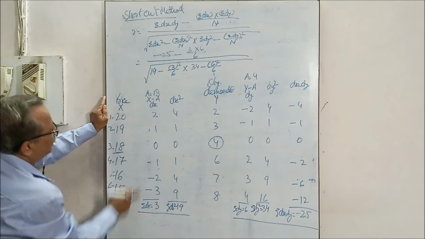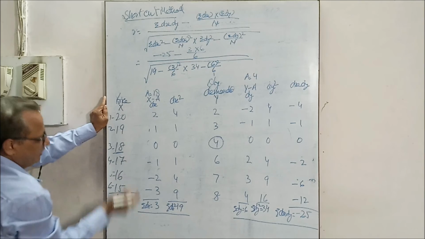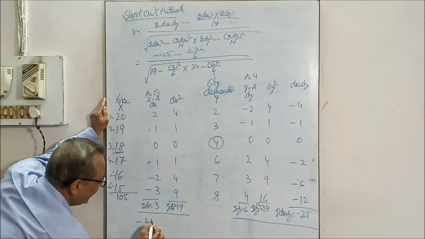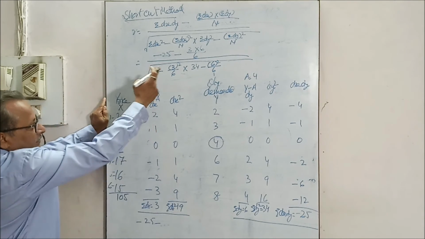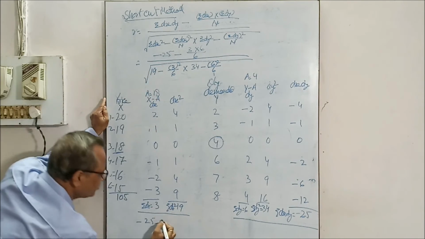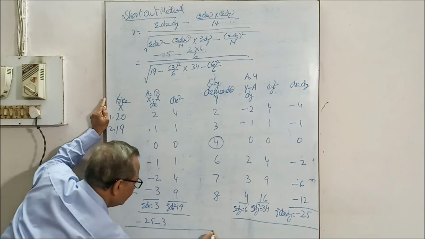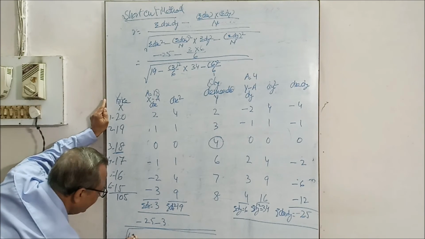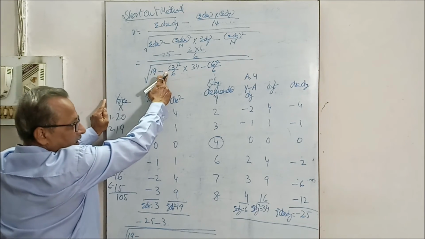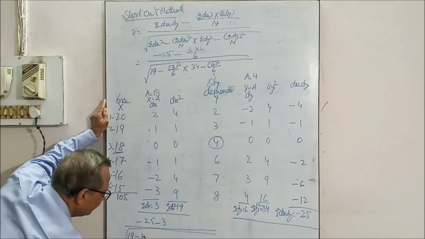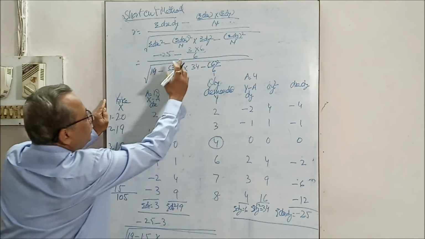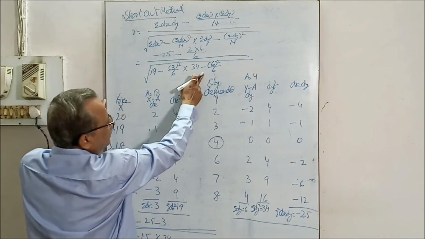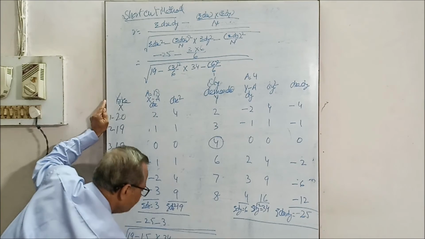Now see below it, the same thing. Minus 25 minus 6 into 3 is 18, divided by 6 means minus 3, under root 19 minus 3 3s are 9 divided by 6, that is 1.5, into 34 minus 6 6s are 36 divided by 6, minus 6.